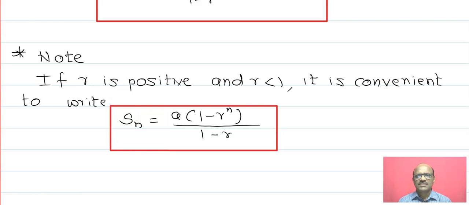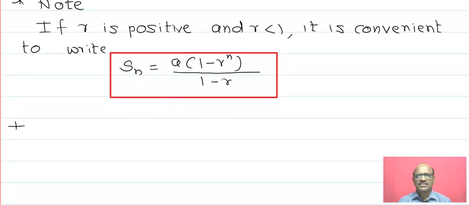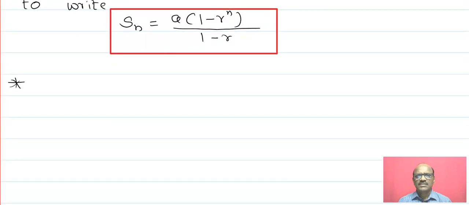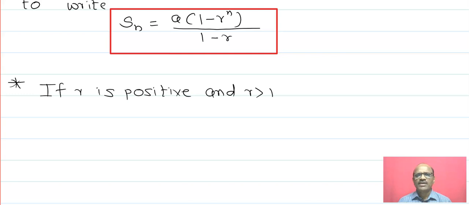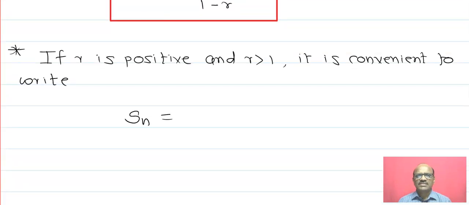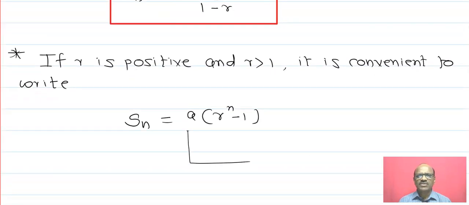Next, if r is positive and the value of r is greater than 1, it is convenient to write Sn equals a times (r raised to n minus 1) upon r minus 1.